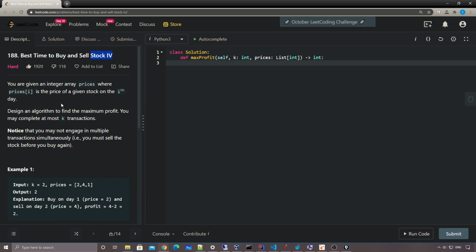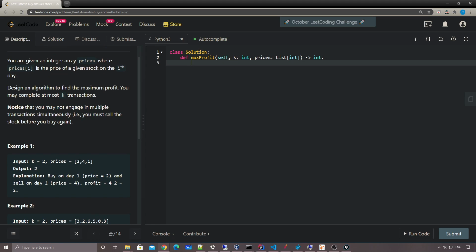The reason is that if you have solved Best Time to Buy and Sell Stock 1, 2, 3, you will most likely be very familiar with this kind of question. So here's the problem: you're given a list of prices of a stock.